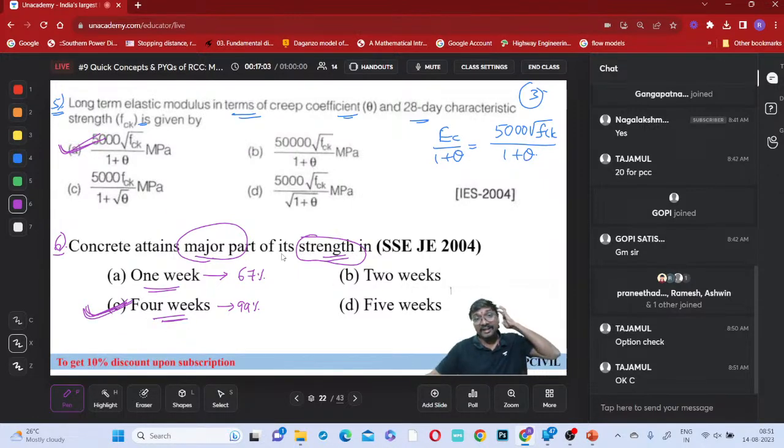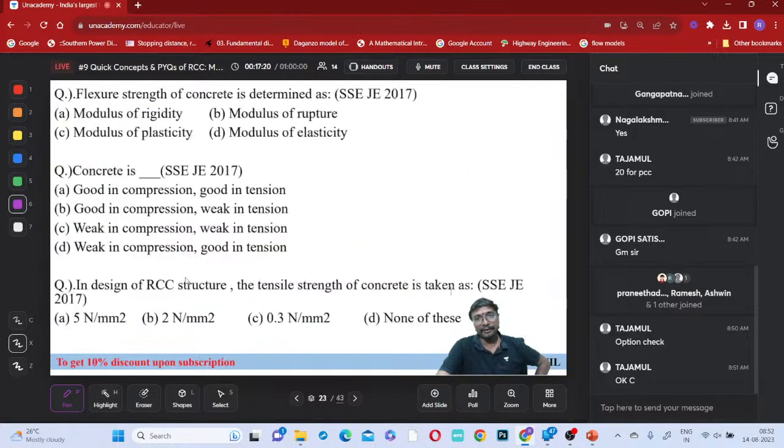But if part of its characteristic strength is given, then you have to select this 1 week. Is it clear? So shall I move to the next question?